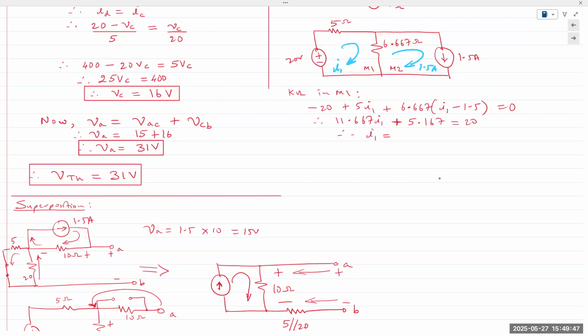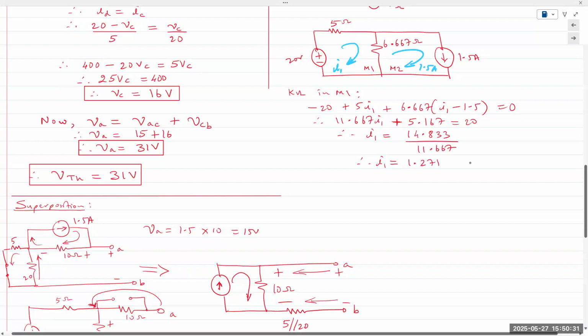Therefore, I1 is 20 minus 5.167 divided by 11.667, 14.83 divided by 11.667. Therefore, I1 is equal to 1.2713 amps.